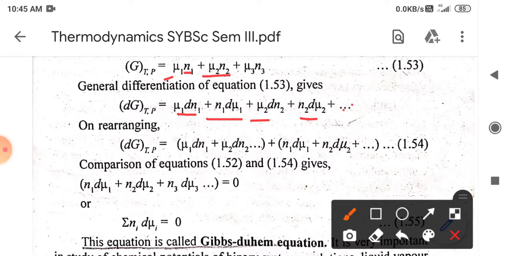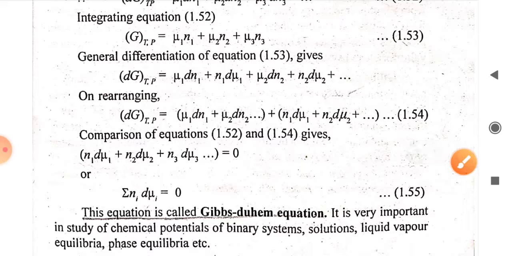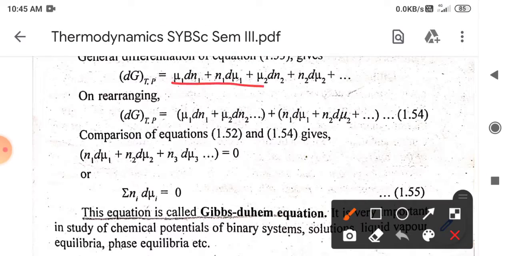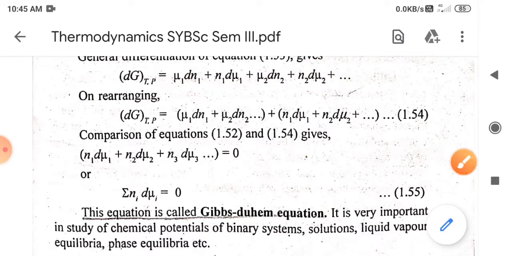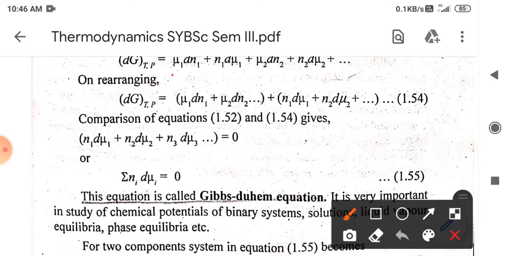Up to here is sufficient, we are not going through the whole series, because we are studying it for the binary solution. Now rearrange the equation in such a manner that the terms containing dN1, dN2, likewise are in one bracket, and the other terms are in another bracket.